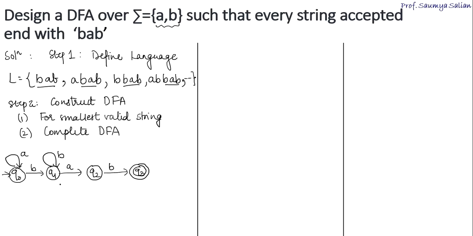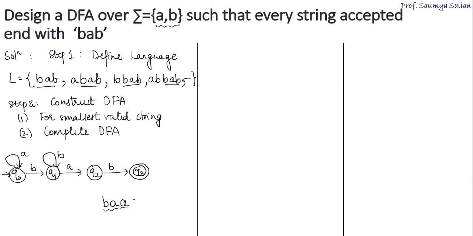Q1 has responded to input A and input B. Now let's complete state Q2. To reach Q2 from the initial state, I have these inputs, that is B and A. Q2 has already responded to input B, it has to respond to input A. Now if I have this string, is it a valid string? No, it is not a valid string. Can I make it valid?